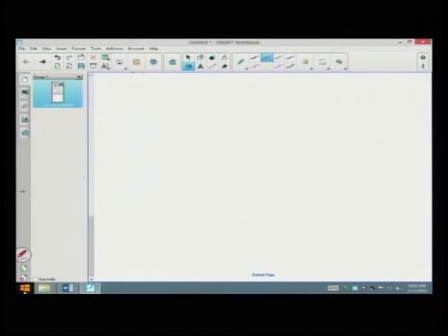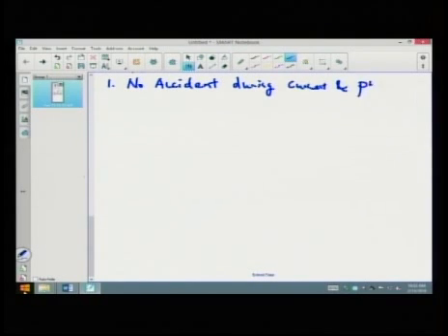So this time, I'd define 4 different states. Okay? So let me write down the state of the system first. So I do define the first state as no accident during, say, current and previous year.